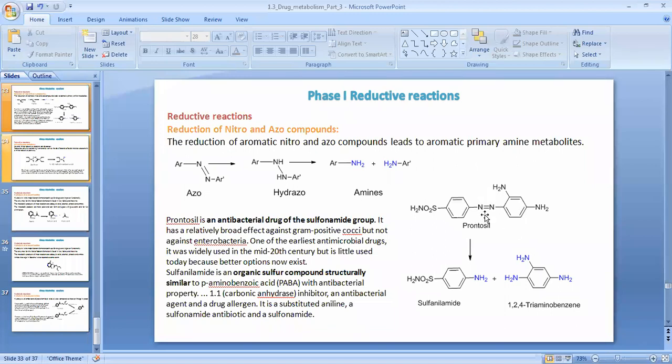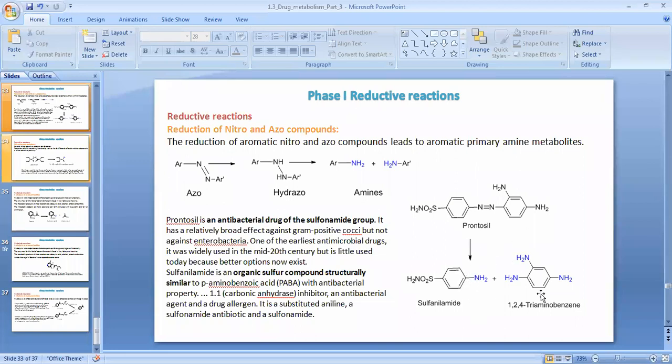And from this prontosil, with the help of some chemical conversions, we have derived the majority of the class of compounds used as antibacterial agents, that is sulfonamides, which affect a very important chemical constituent of bacteria, that is PABA. So they affect the conversion of PABA to folic acid.